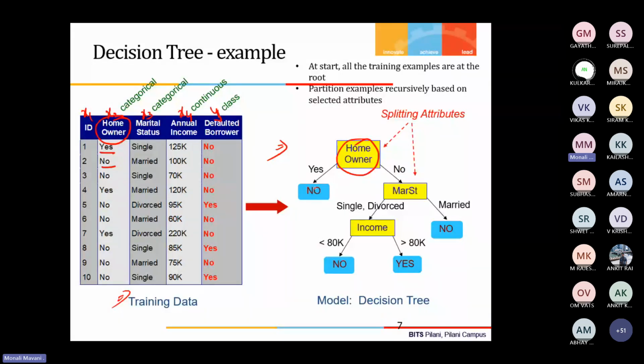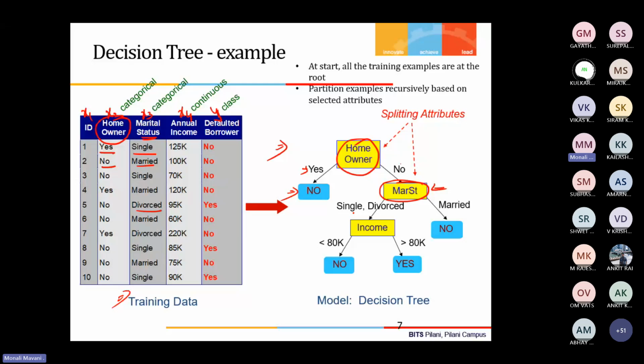And if I go towards the yes path, I reach my leaf node. If I go towards the no path, I have to construct another subtree. So say, for example, now I have chosen marital status as the feature for this node, and it is not a binary attribute: single, married, and divorced. But I'm still drawing a binary tree. So what will I do?